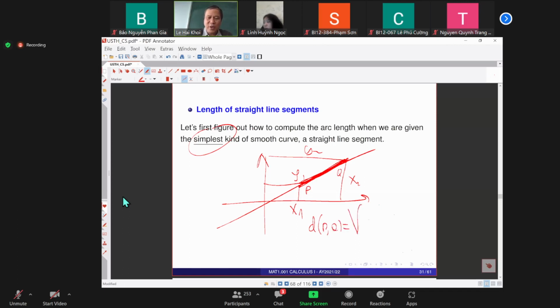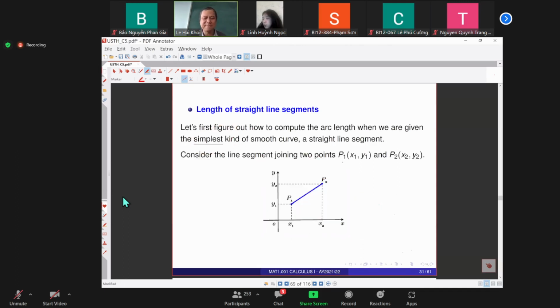Which is the square root of x1 minus x2 squared plus y1 minus y2 squared. This is the straight line. You know quite well, by the Pythagorean theorem for this right triangle. Very easy.